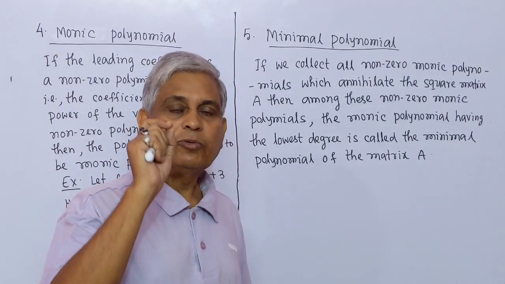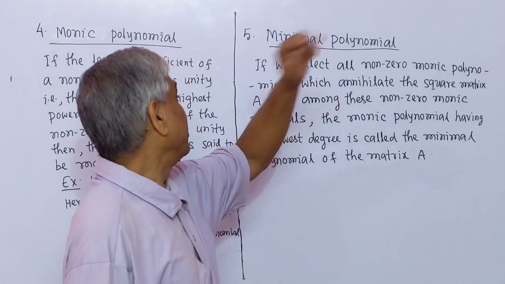Number 5. Now we define minimal polynomial.